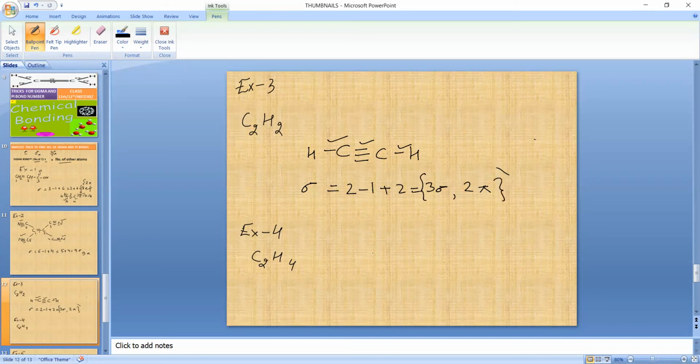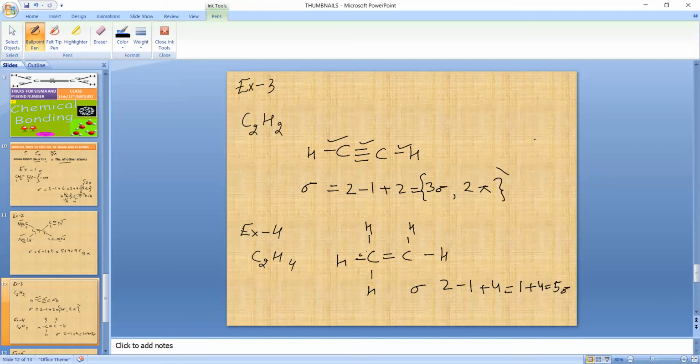Next structure is C2H4. Count the number of sigma bonds. You can say there are 2 minus 1 plus 4, which is 1 plus 4, equal to 5 sigma bonds.